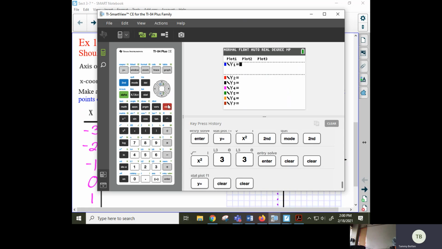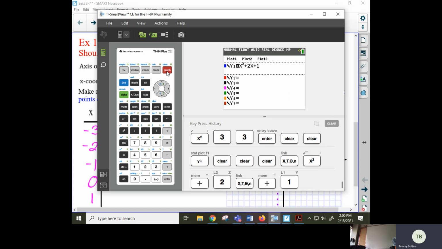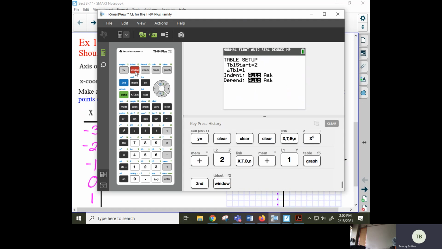So clear whatever you have there, and this is x squared plus 2x plus 1, and you can graph it so you can see what it looks like, okay? But I'm using this more for my points in my table. So what I'm going to do is go second table set.